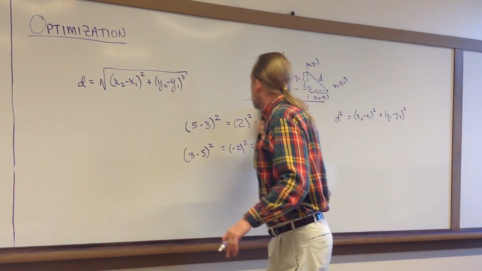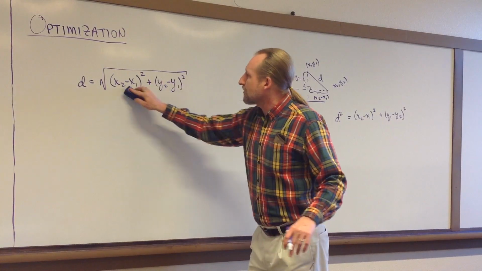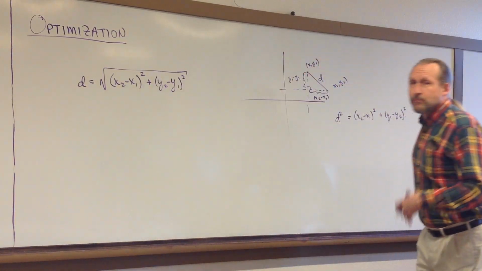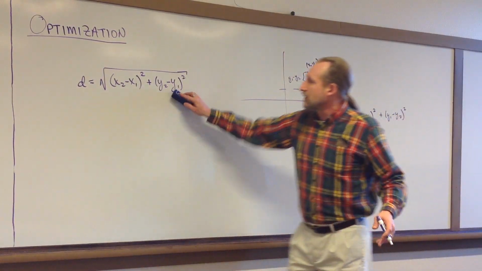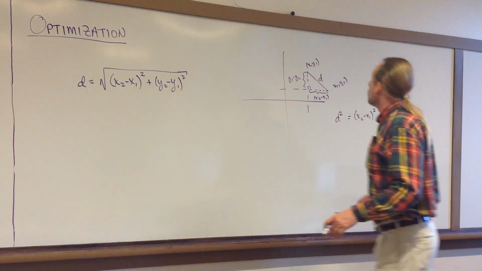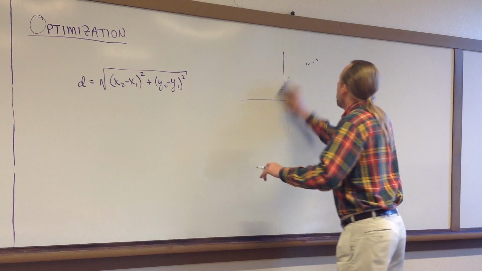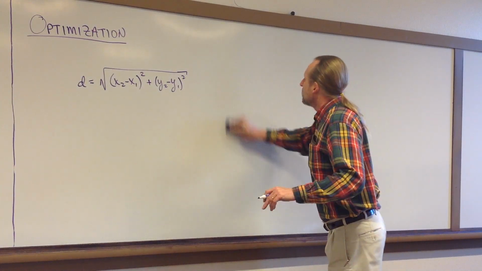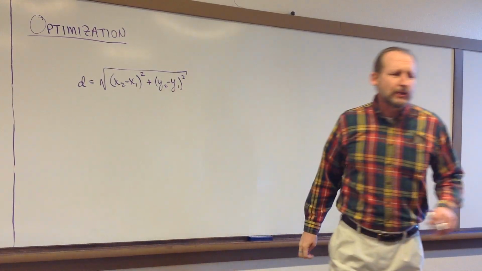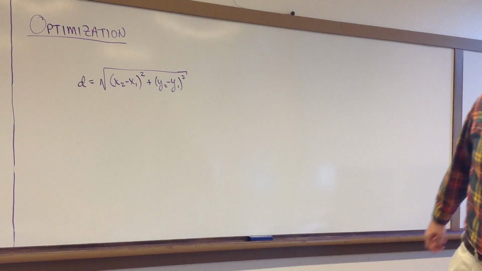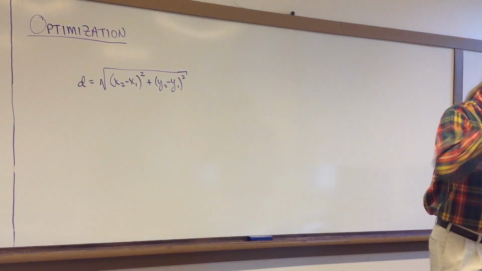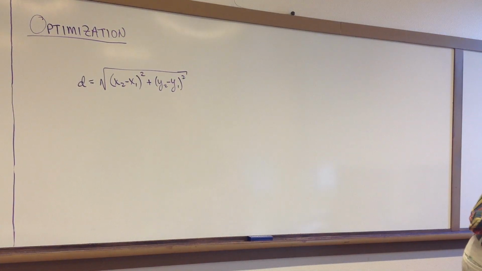So, it doesn't matter what order you subtract these in, but it is important to get the y's together and the x's together in those parentheses. So that's where our distance formula comes from. It comes out of the Pythagorean theorem, and we can use it to find the distance between points on a graph.